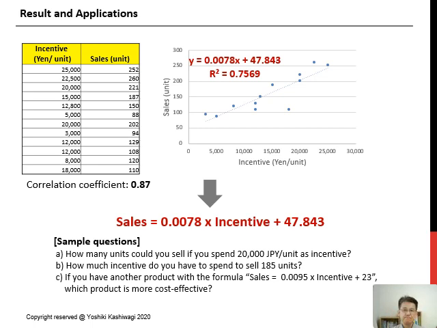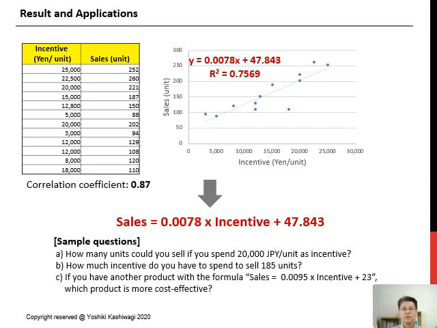which means if you increase the incentive value, you have more sales. Once you run the regression analysis, you can get the output as the chart shows on the right-hand side. You draw a straight line on the scatter diagram, and then you have the formula of Y and X. In this case, the Y-axis is sales and the X-axis is incentive.